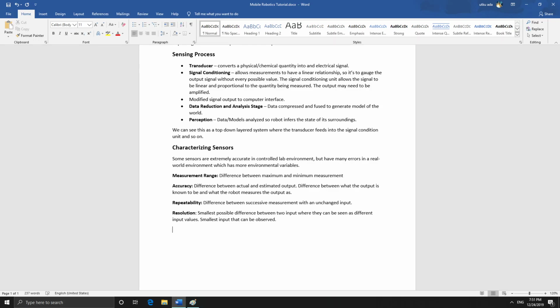Right, so beyond this, we have sensor classification. We've got a number of different sensors, such as proprioceptive sensors, these measure internal values of the robot.